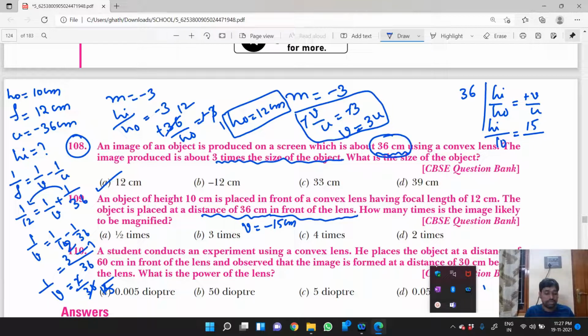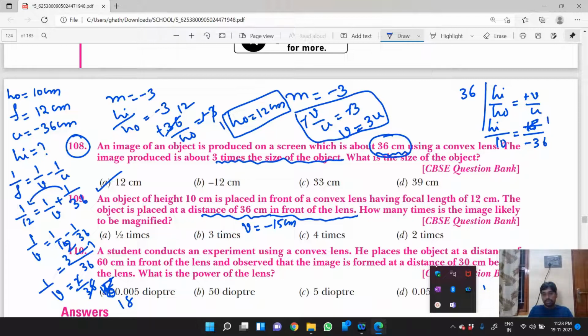So the image distance is 18. Image distance is 18, and object distance is u equal to minus 36.